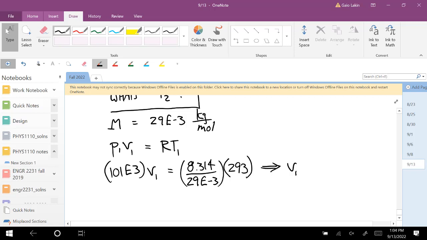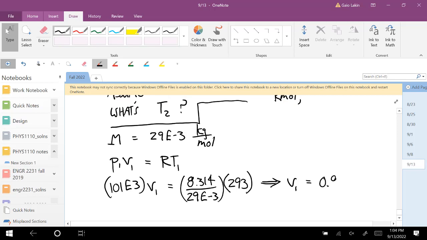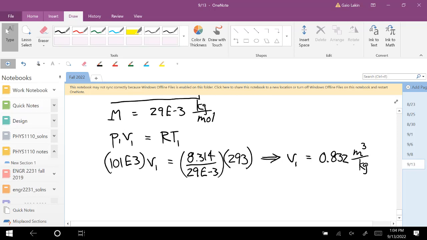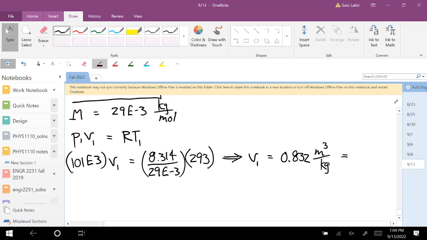Rearrange that and you get that the starting specific volume is equal to 0.832 cubic meters per kilogram. And since it's a fixed tank, that's also the final specific volume.